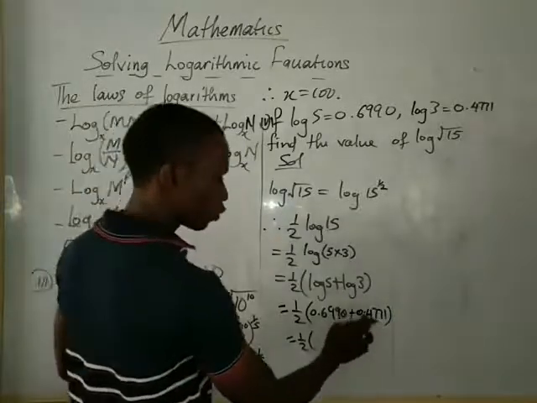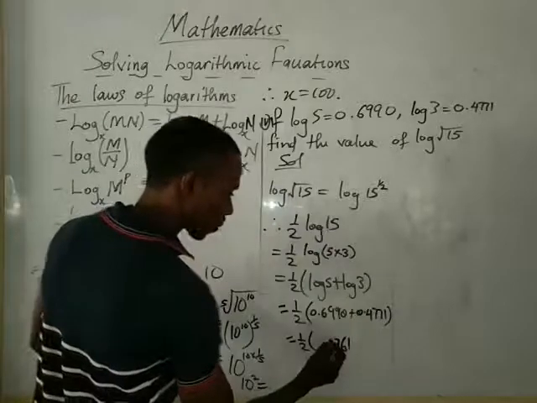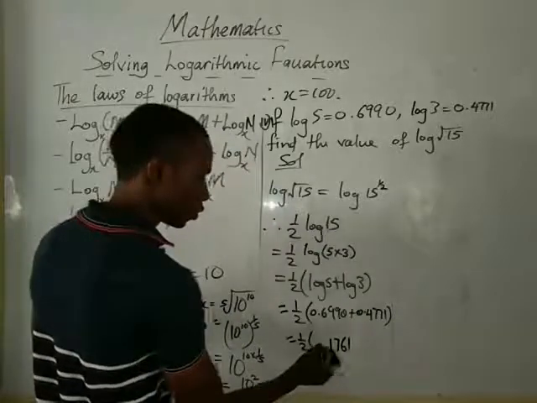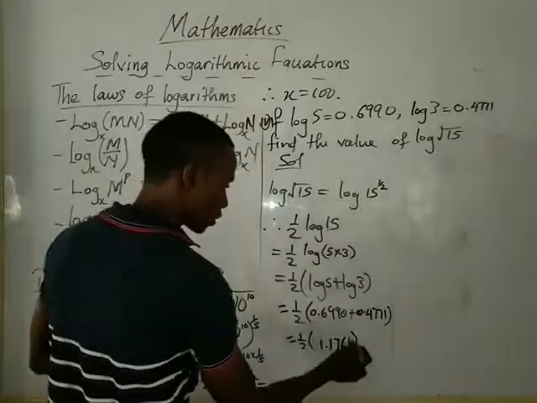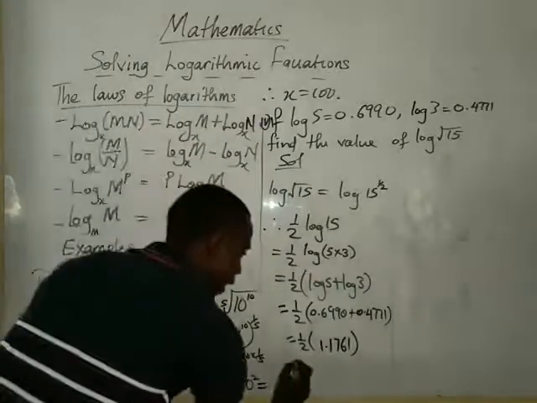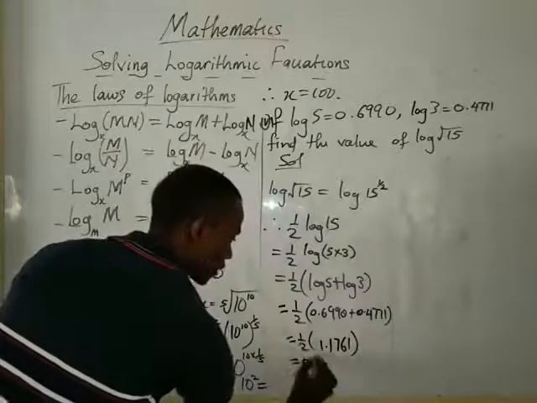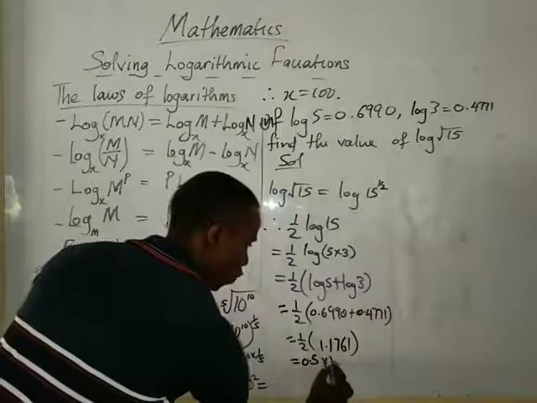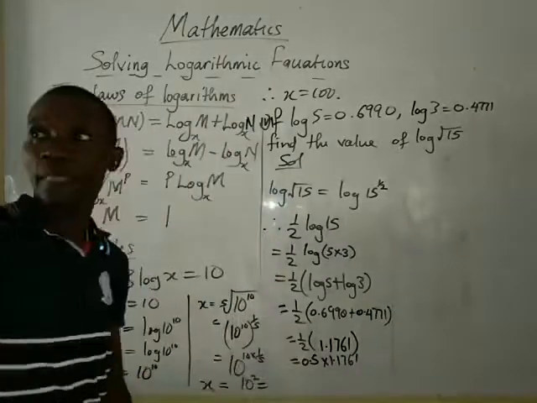Bring that 1 to this, that makes it 5. 5 plus 6 is 11, 1 remainder 1. Dot. My 0 plus 0 gives me 0. The remainder 1 will be added here to give me 1. So that I can now write my half as 0.5 times 1.1761.